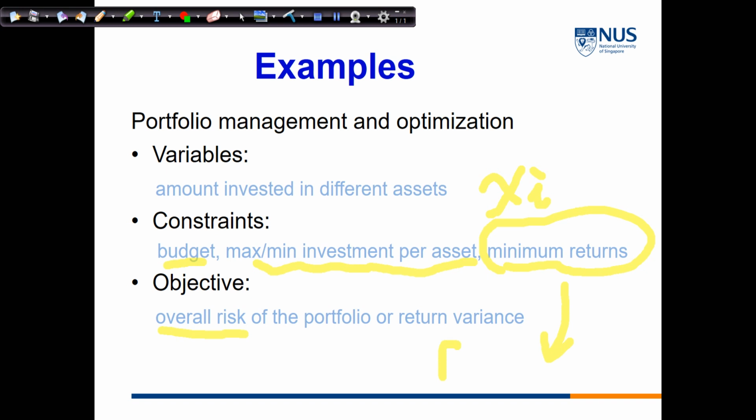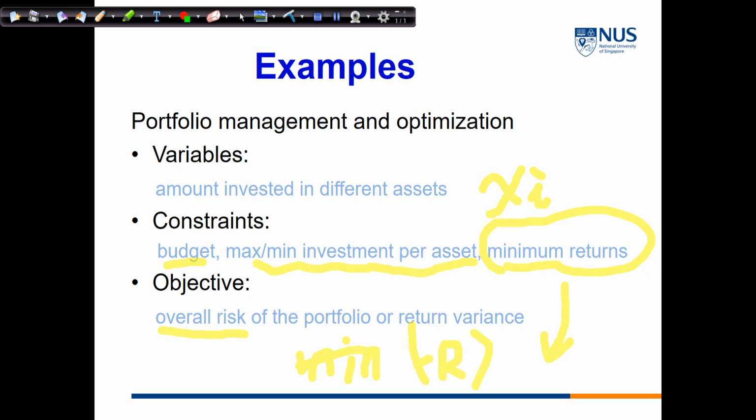If you want your returns or your revenue from the whole portfolio to be maximized, you can also form the objective as minimize, because if we want to maximize the return, it's the same as minimizing the minus of the return, right?